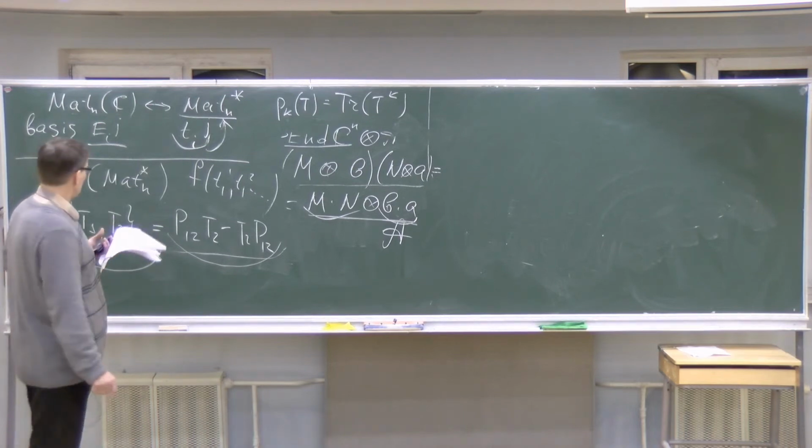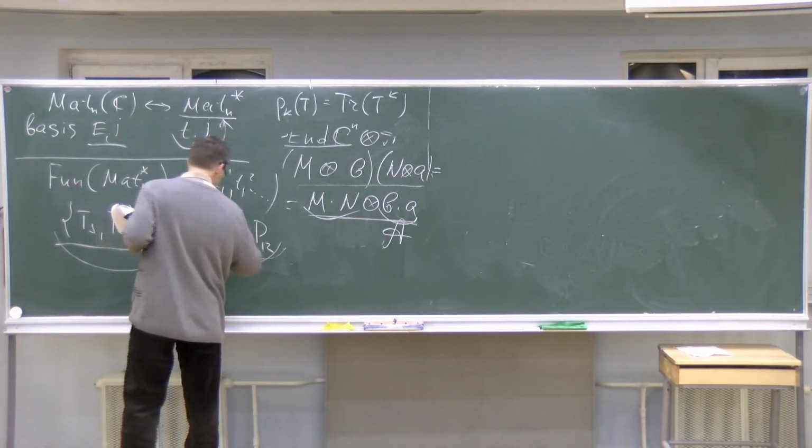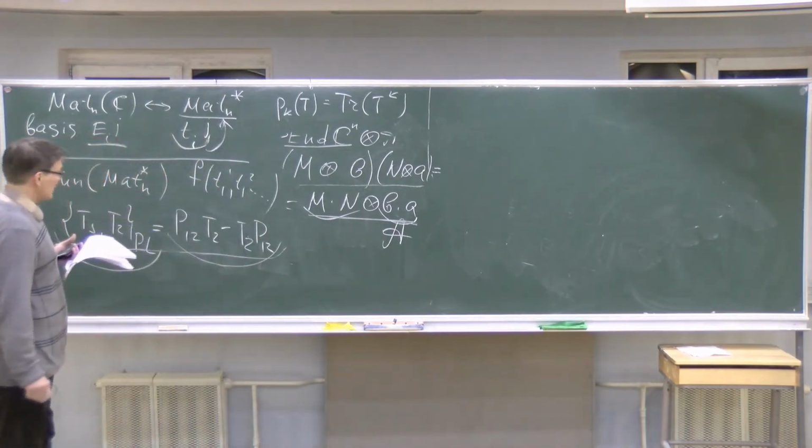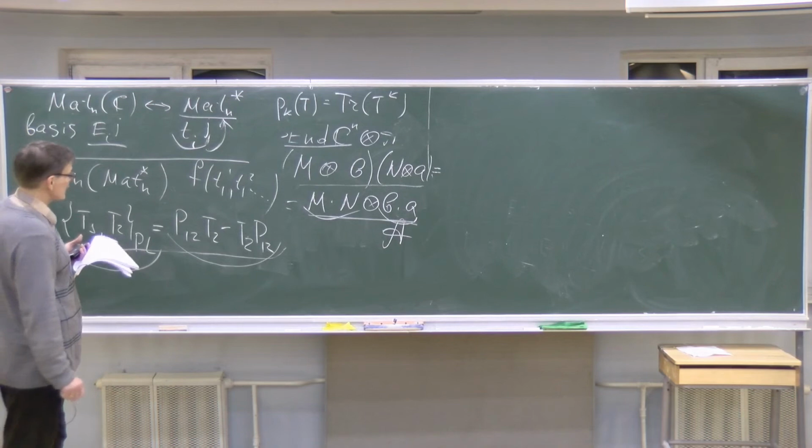The bracket is P12 T2 minus T2 P12. This is a usual Poisson-Lie structure.